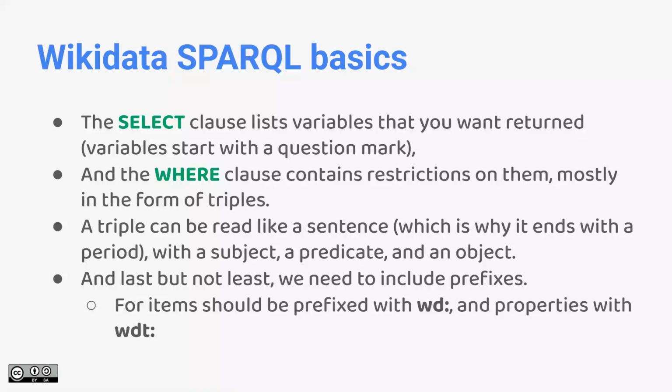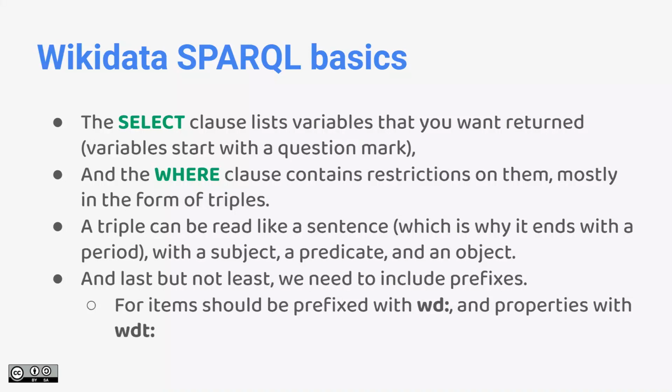On the where clause, you are giving the conditions or restrictions. If you want to limit only to humans from India, or a particular state, or a person who was born in a particular state, all those features can be called in the where clause.